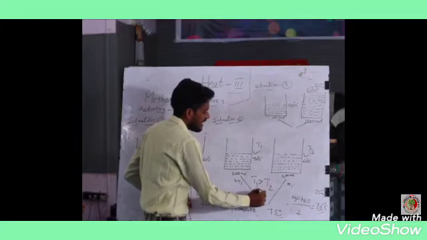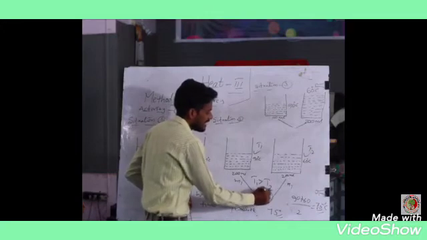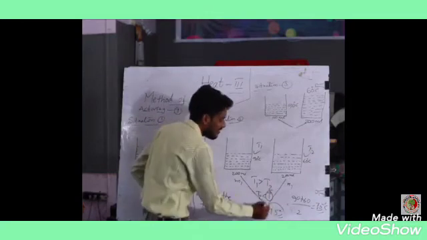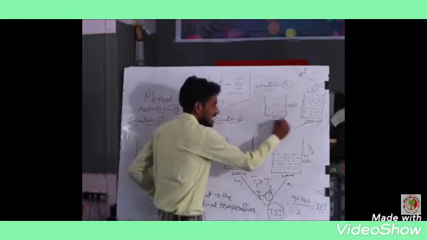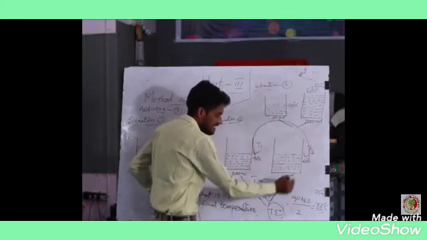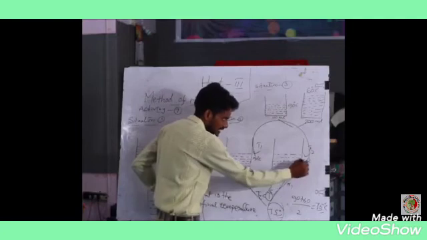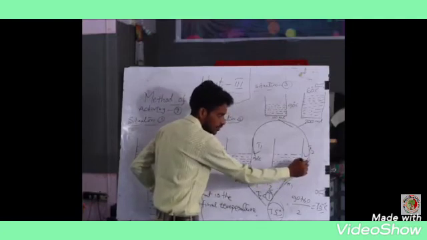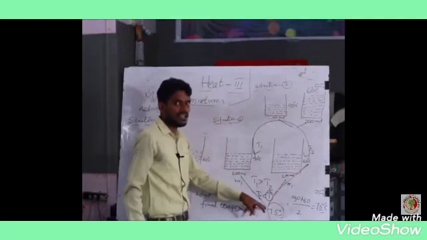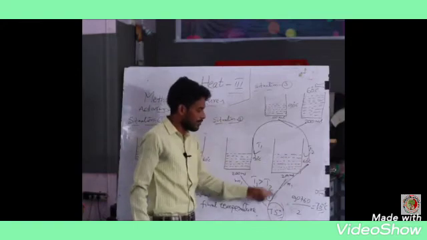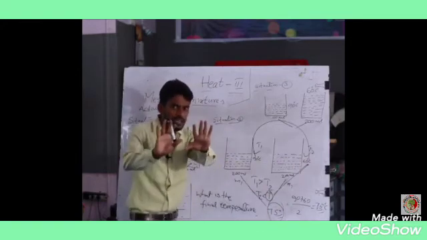And T2 is less than the mixed temperature, let it be T, that means 75, which is greater than 60. The colder sample always has a lower temperature than the mixed temperature. Do remember this.